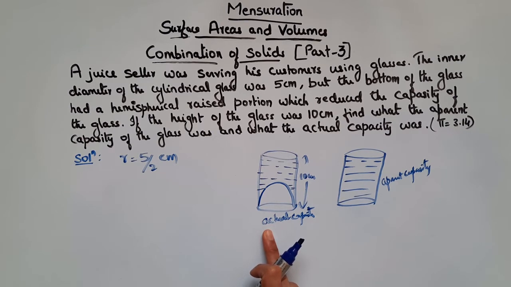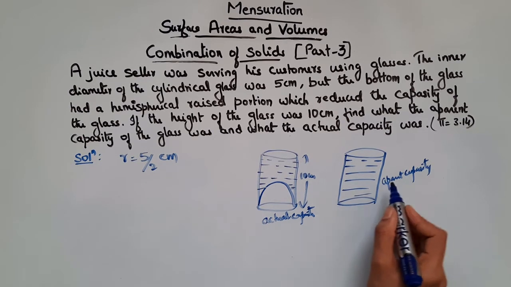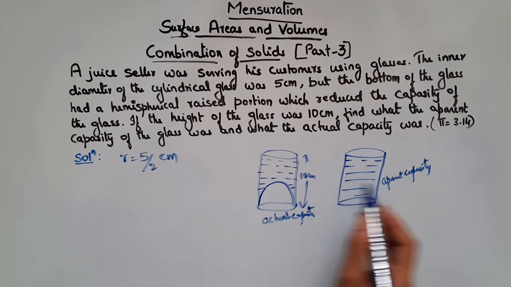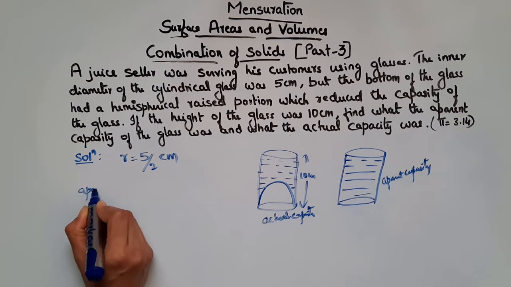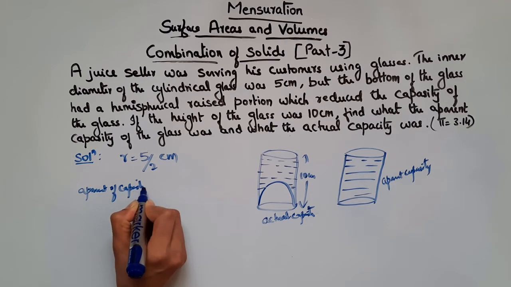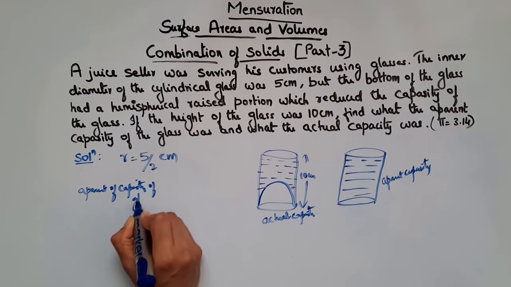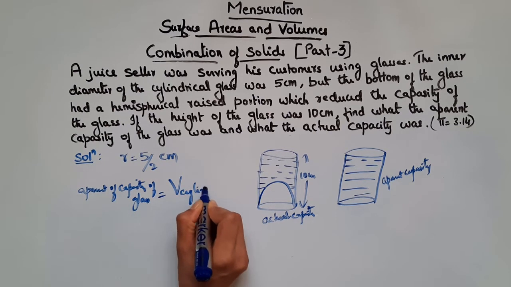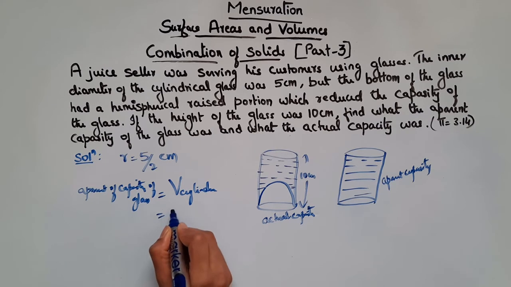So apparent capacity is nothing but volume of the cylinder. This glass is of the shape of cylinder. So we can write apparent capacity of glass is equal to volume of the cylinder. Here volume of the cylinder is given by pi r square h, right?